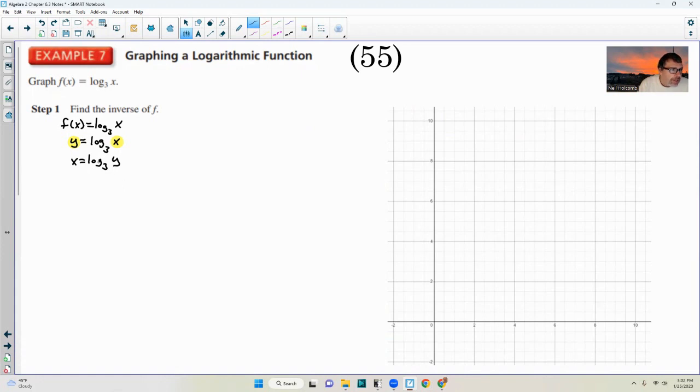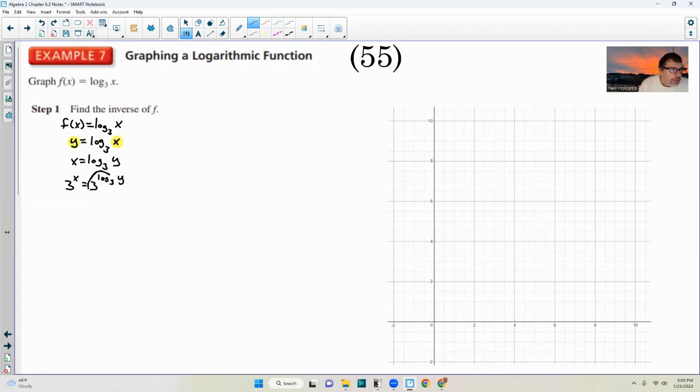Okay, so I want to get rid of this log base 3. Well, remember the rule: if the base is the same as what you're taking the log base of, they cancel. So I'm now going to take 3 and put it as the base of x on this side, and make 3 the base of this right side. So it's log base 3 of y, all to the power of this 3.